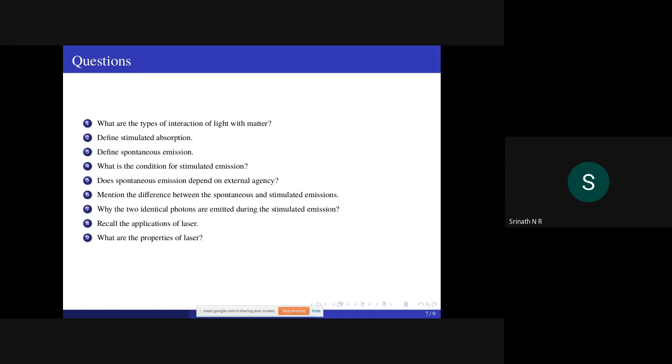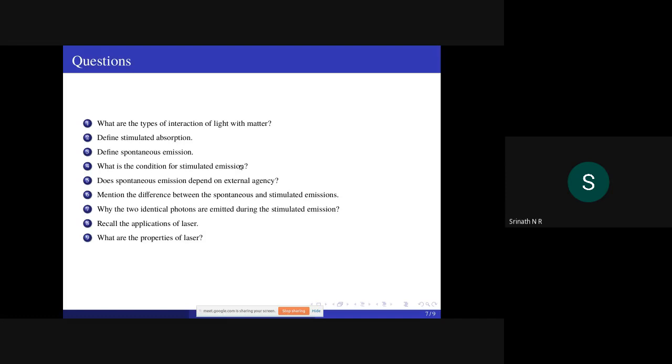Here, the energy of the photon is absorbed, therefore, we call it stimulated absorption. And spontaneous emission: the excited atom falls back to ground state without any assistance by emitting a photon with energy equal to the energy gap between higher and lower energy levels.